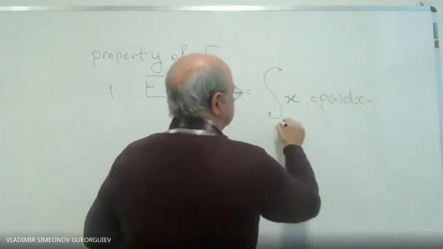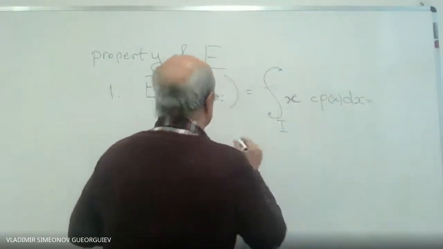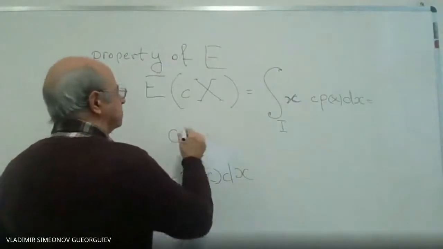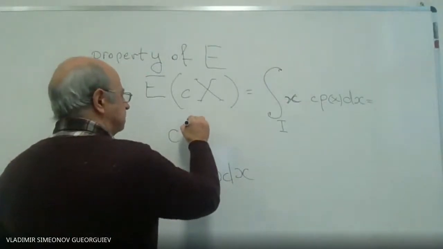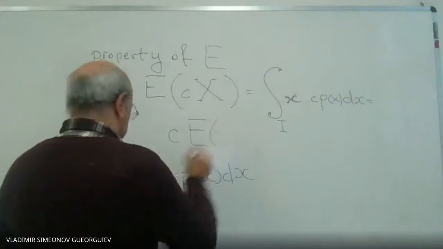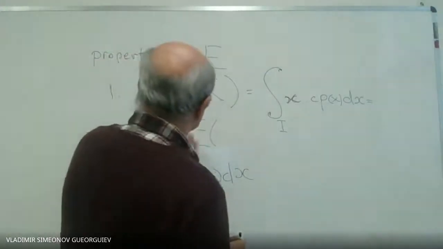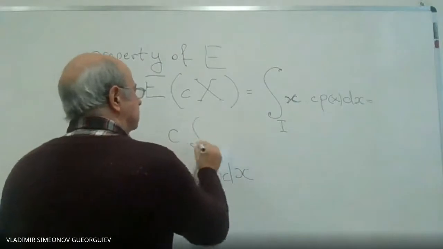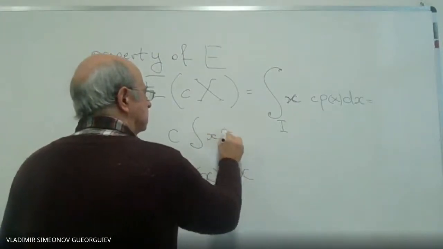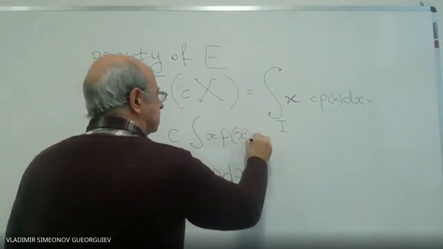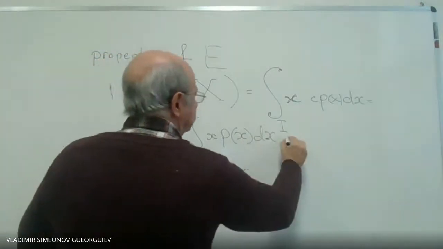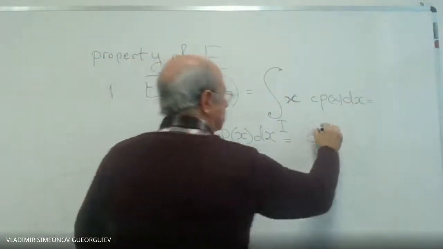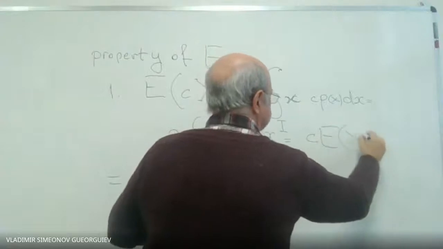And of course, in this integral, you can take the constant C in front, and you have C times the integral of x p(x) dx. And this is, of course, the constant C times the expectation of x.